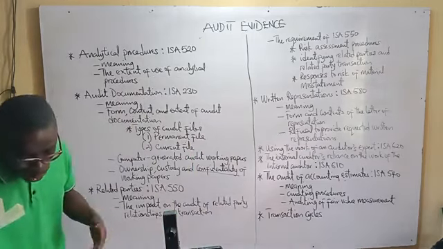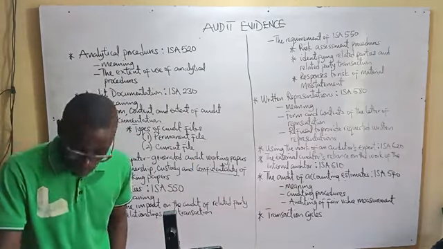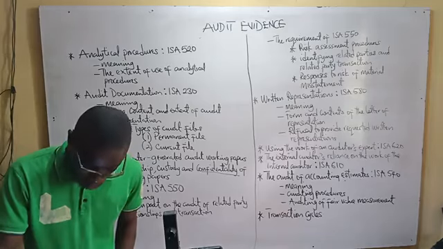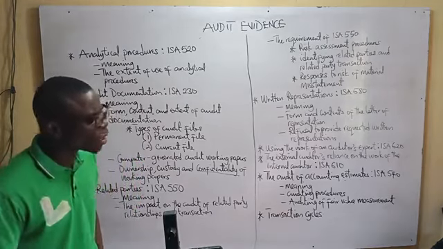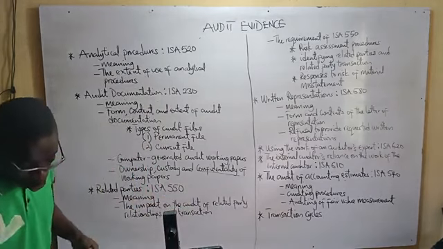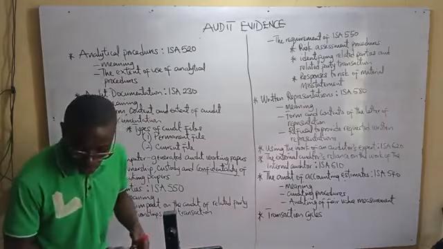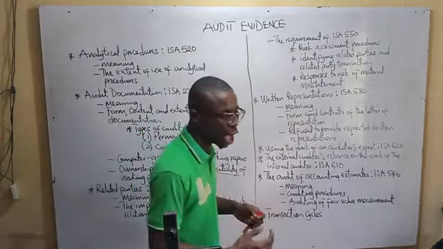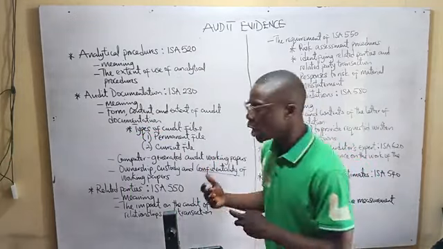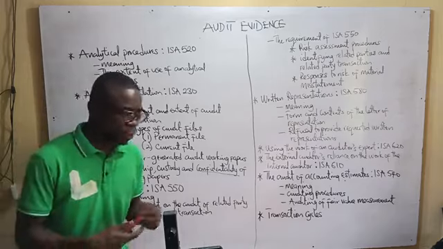Now, also, if the related party transaction now conducted is not in normal commercial terms, that means it does not have commercial substance, that means it can cause high risk of material misstatement.